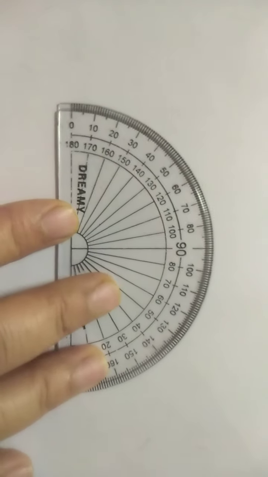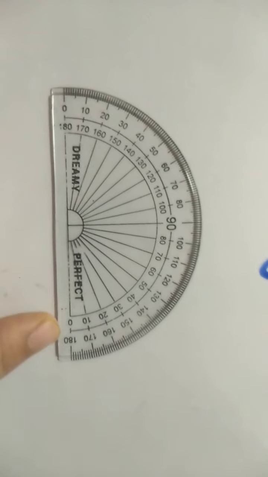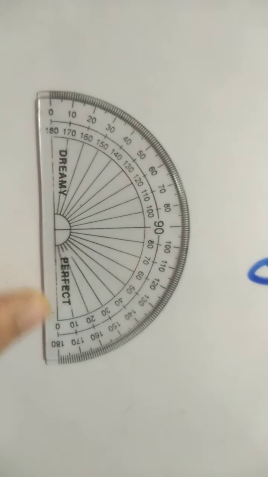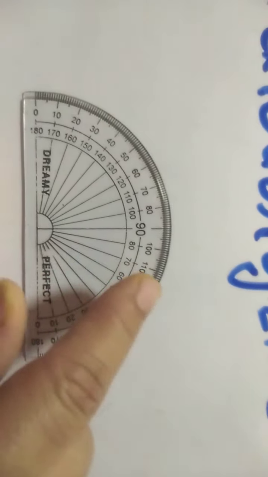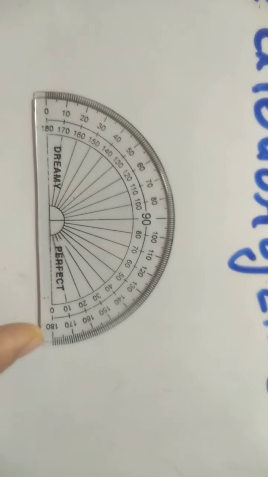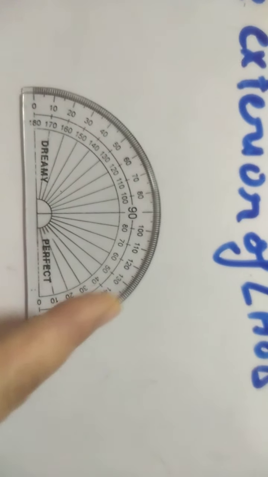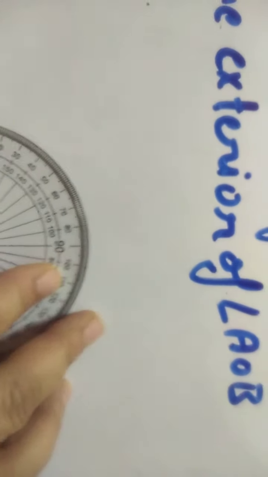Now just see here, see it carefully. You can see that this is the horizontal ray of any angle, and these are the rays which open. So these are the rays, and over these rays you can see the numbers. These numbers are the measurement of the angles. Okay, now see how to measure it.